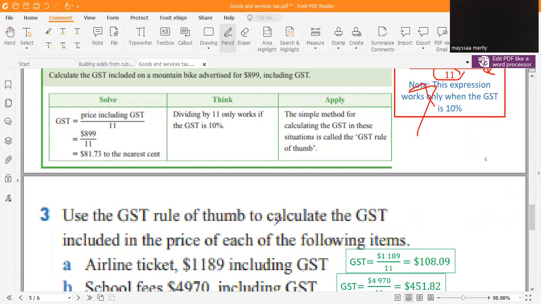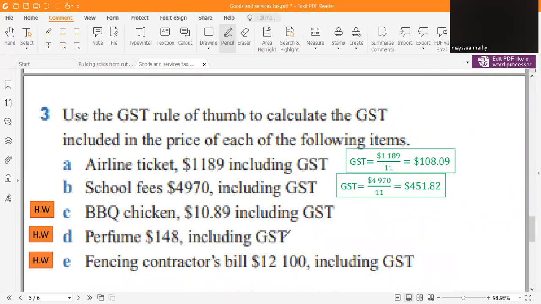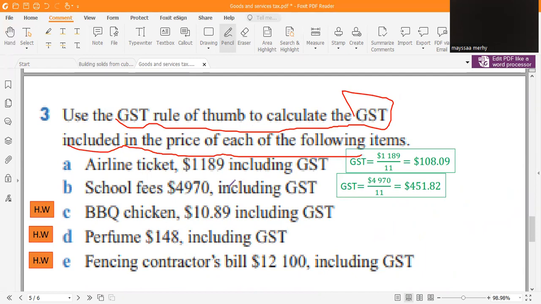So in the next exercise, use the GST rule of thumb to calculate the GST included in the price of each of the following items. Normally, we have here the price including GST, and we want to deduce from it the GST included.